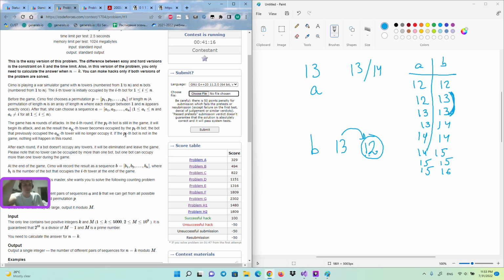At the end of the game, CERN will record the result as a sequence B, where b_i is the number of the bot that occupies the ith tower at the end of the game. Count the number of different pairs of sequences A and B that we can get from all possible choices.